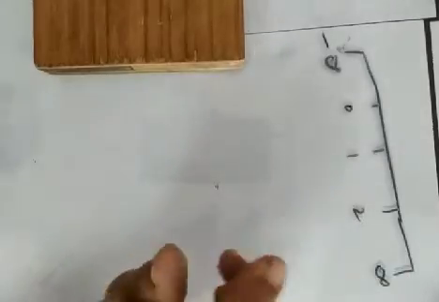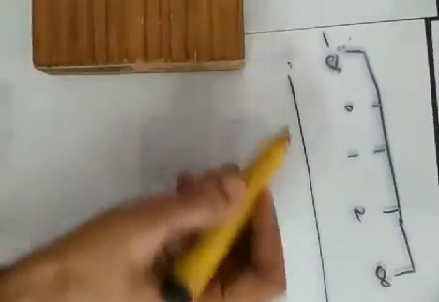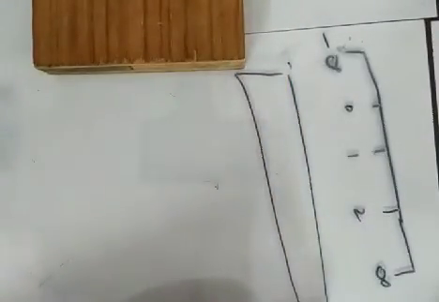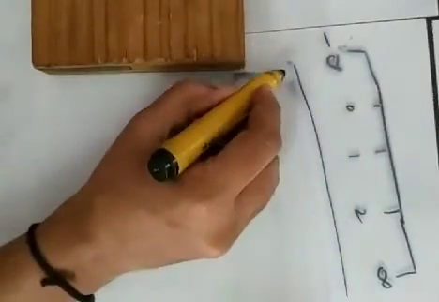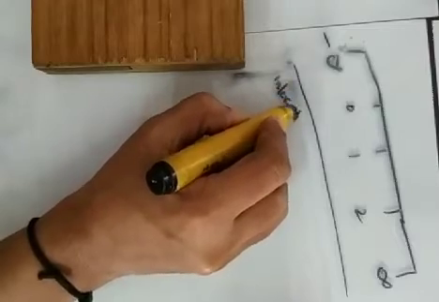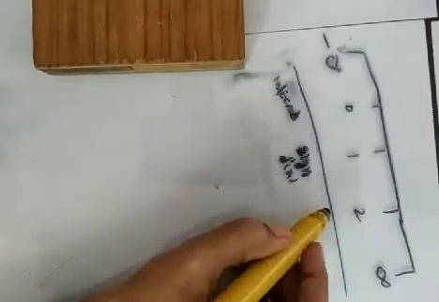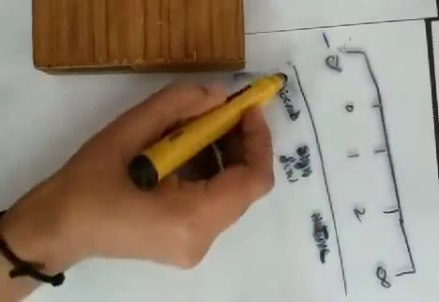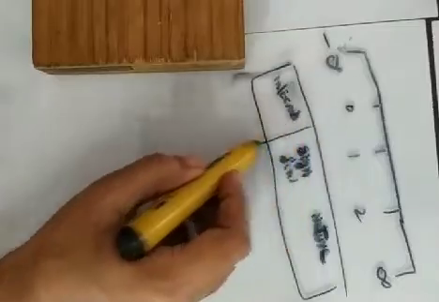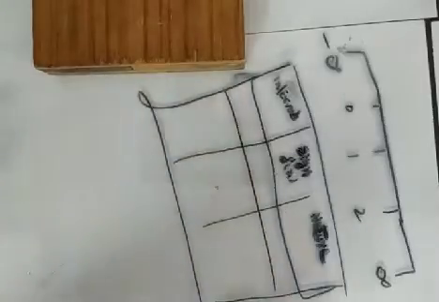We don't want the negative, we want only the positive. But we have to check for all. So consider the intervals, the sign of f dash of x, then the nature. You substitute for the f dash.